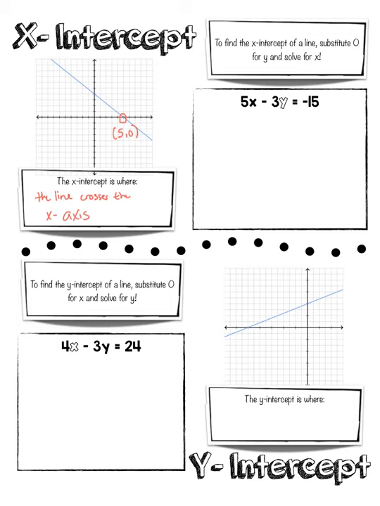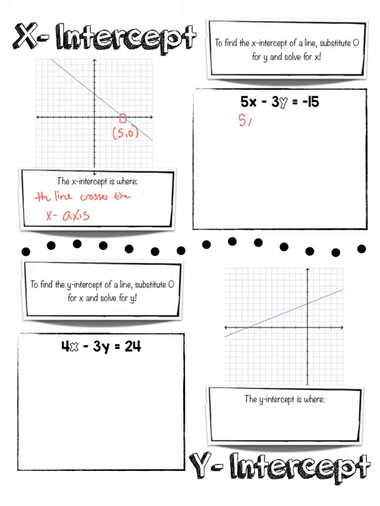Now, let's do this mathematically. I'm going to do it two ways mathematically. First, I'm going to substitute 0 for y, then I'm going to show you the easy way. So to find the x-intercept of a line, substitute 0 for y. Why am I substituting 0? Because when you have an x-intercept, your y value is 0.